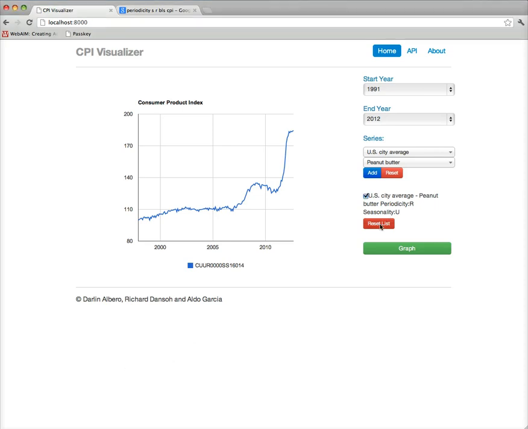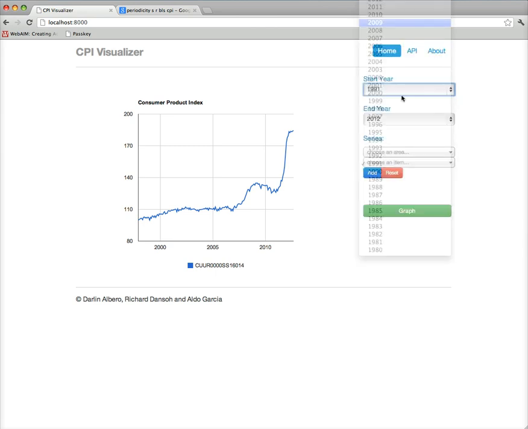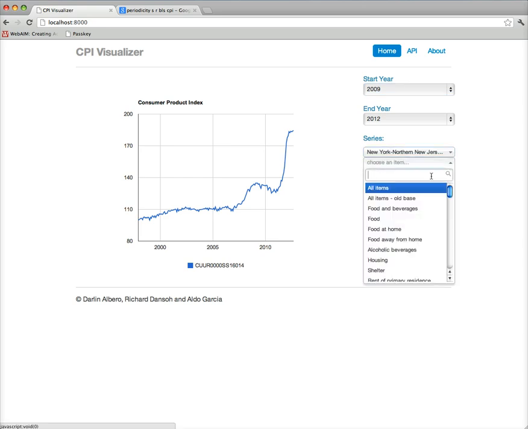Okay, now we can do one more. So let's say we want our start year to be, I don't know, 2009. And we want to look up how clothing prices have changed in the New York region, a region that is probably very pertinent to the fashion industry.